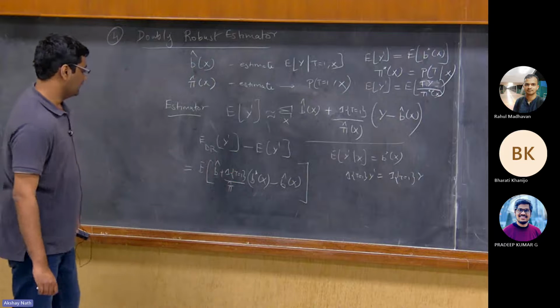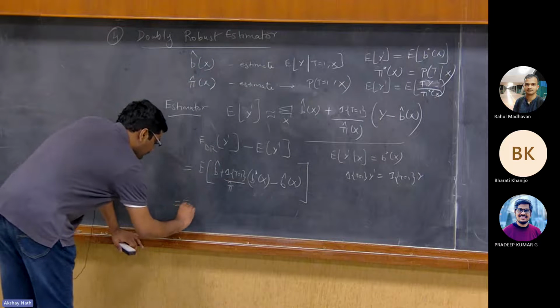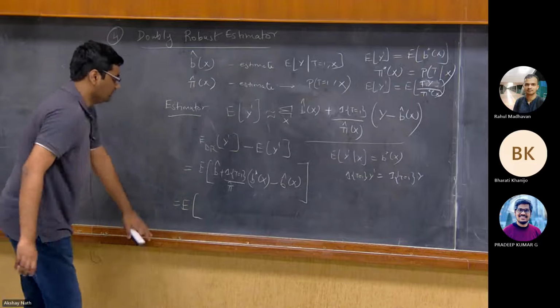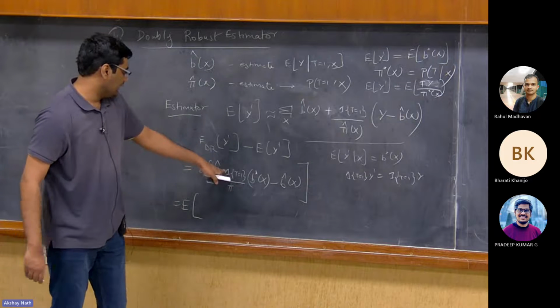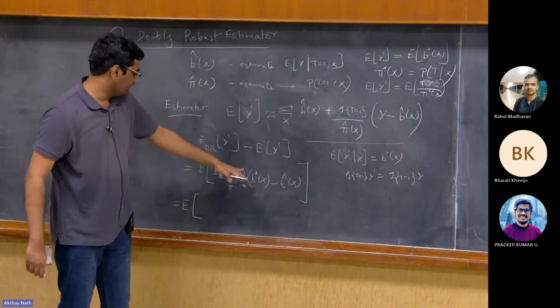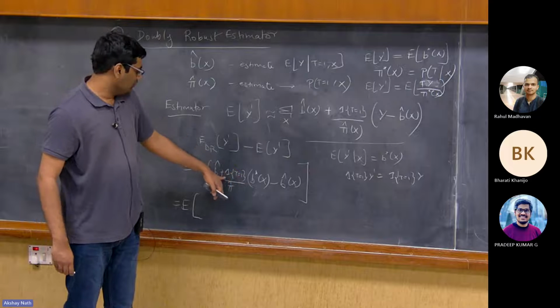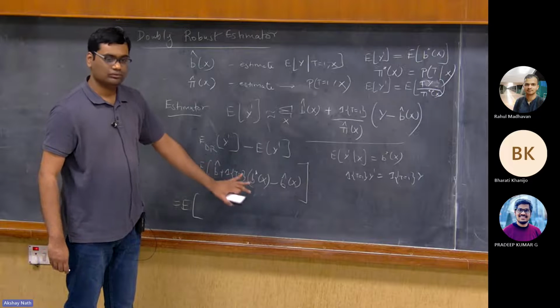Now you again condition on x, and there's an indicator here. Once you condition on x, this will be a probability of t is equal to 1, so you can actually get this thing out.